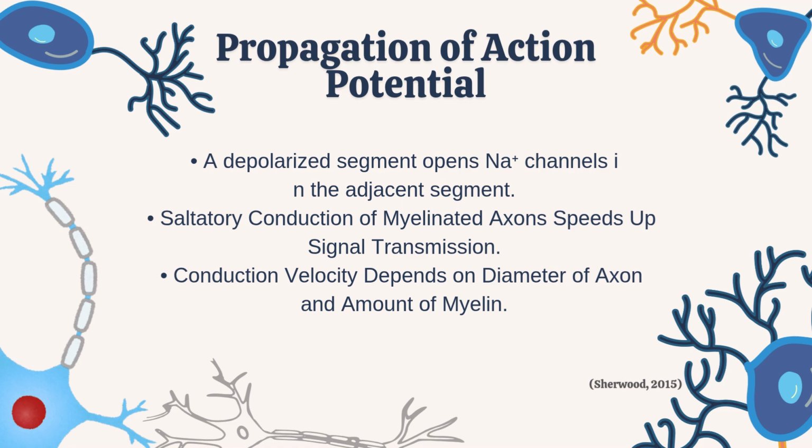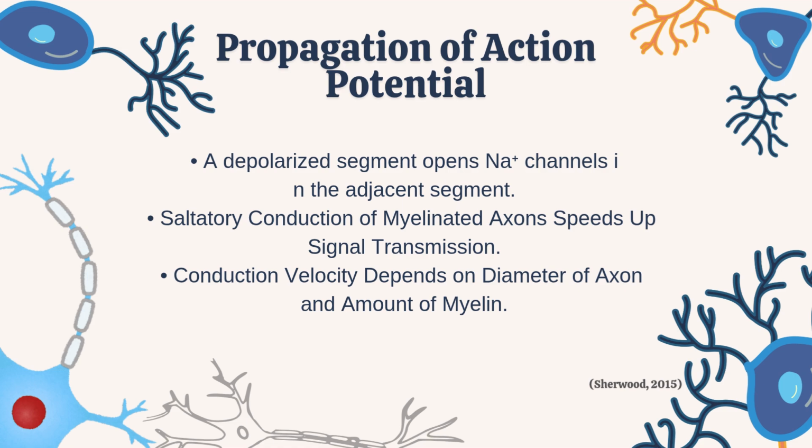Propagation of action potential. Now, the excitation travels. When one segment depolarizes, it triggers the next section to open its sodium channels. In myelinated axons, the impulse jumps between nodes of Ranvier in a process called saltatory conduction, per Sherwood 2015.